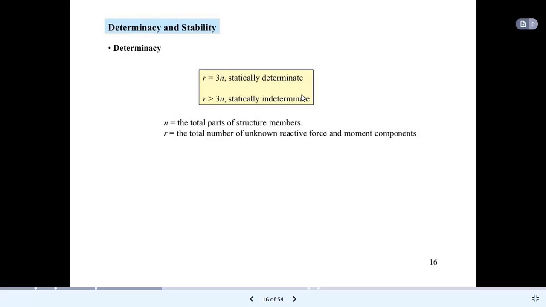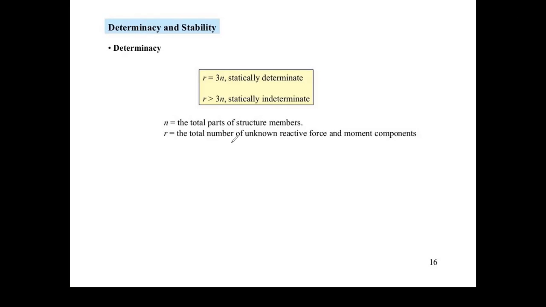R is the total number of unknown reactive forces and movement components. If the total number of unknowns is greater than 3N, in that case, it is a statically indeterminate structure. N is the total number of parts of the structure members, right?